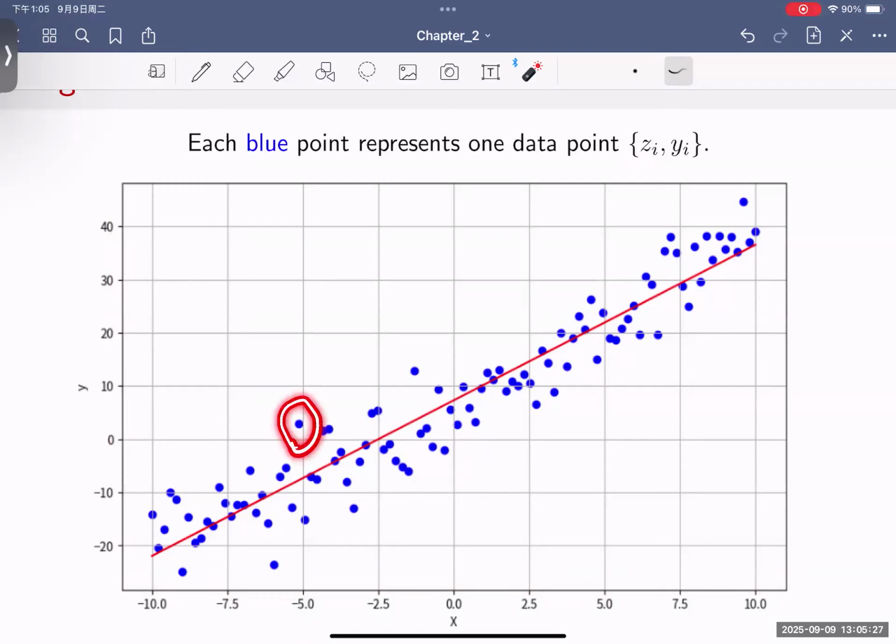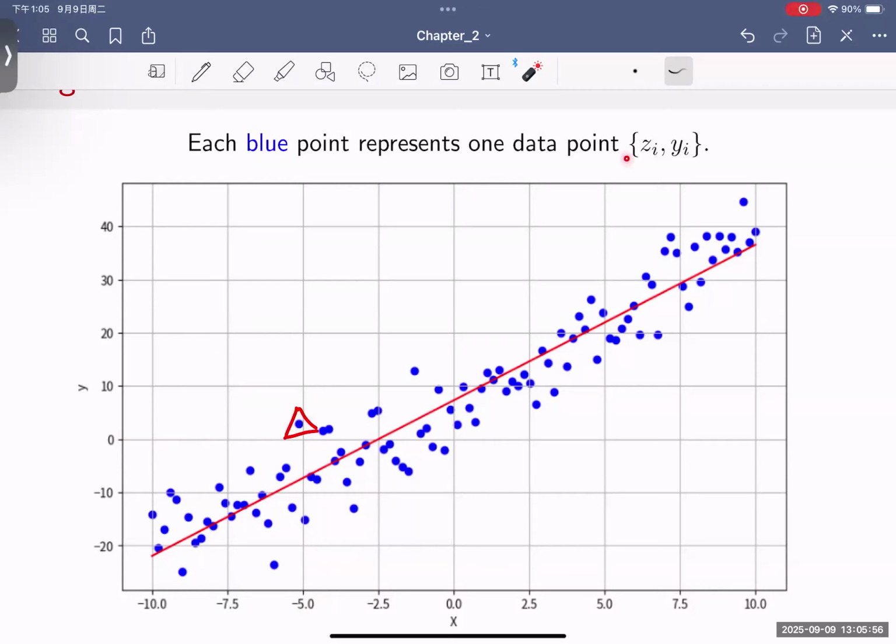Each blue point corresponds to a data point. For ease of understanding, focus on this special data point: its corresponding y_i is the height here, and the corresponding z_i is the length of this part.